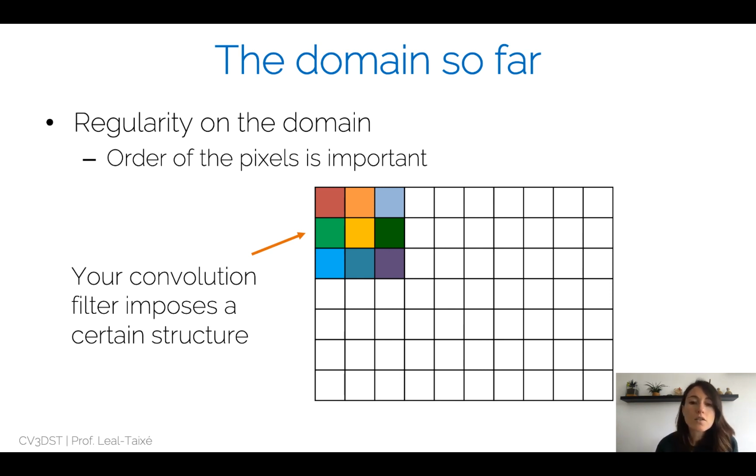So the relationship of the weights that you can see here depicted in different colors is always the same. And what we're trying to find here with this convolution filter is exactly this relationship of weights also in the image. And we can do this because our domain, our image domain, is actually regular.